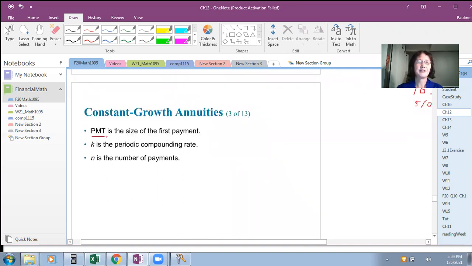So PMT stands for the size of the first payment. K is the periodic compounding rate, the constant growth rate. N is the number of payments.